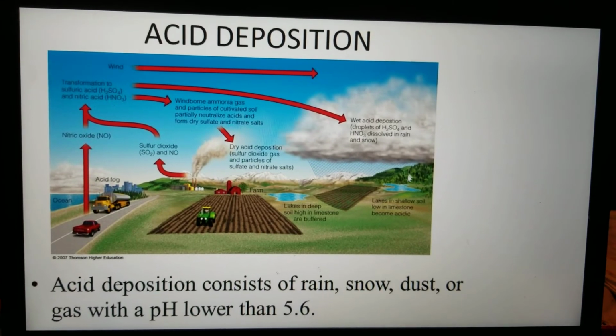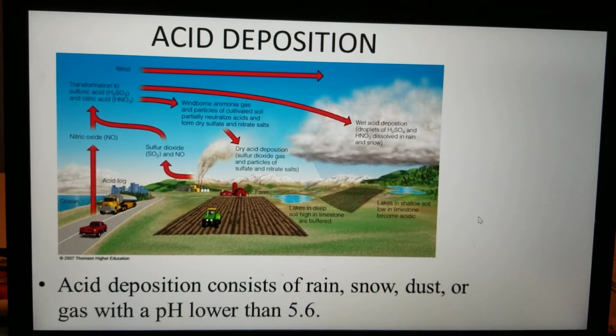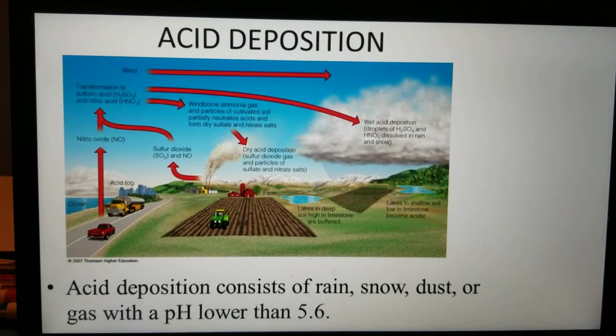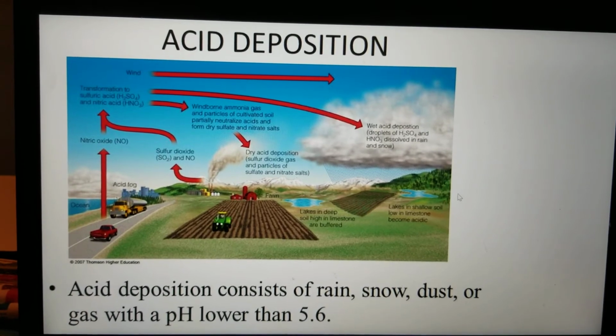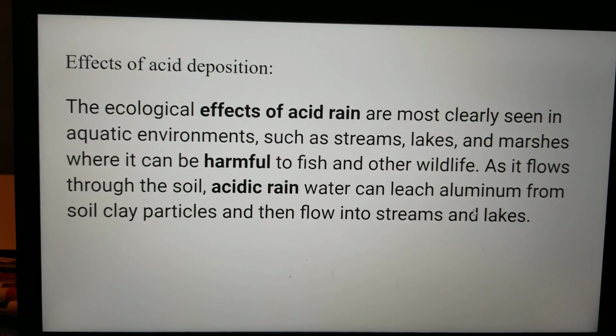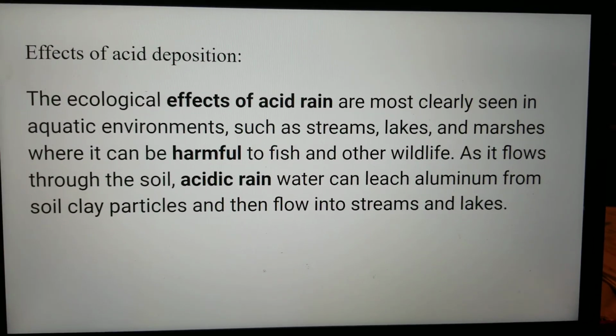Now, I'm hoping that all of you have your blue book. If your blue book is still at school, I don't know if they're going to allow you to get it, but there's some really useful information in there about the effects of acid deposition. So I've summarized it here.